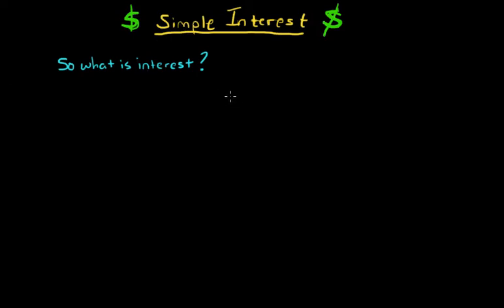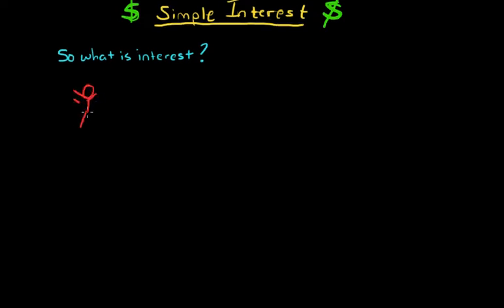Well, interest is kind of like a fee for the use of money, is a way to think about it. So let's say I have Sally here. Here's my awesome Sally. Okay, here's Sally.